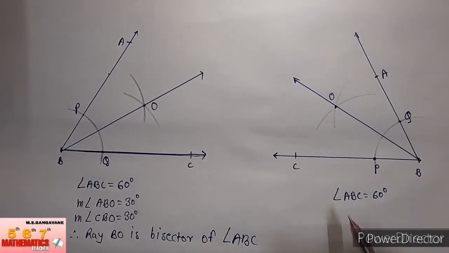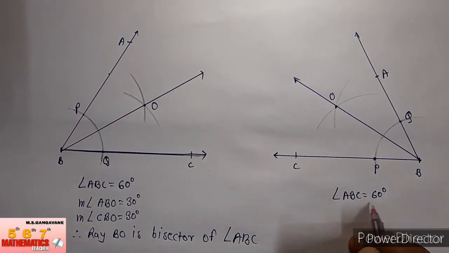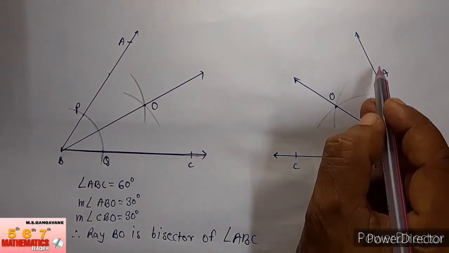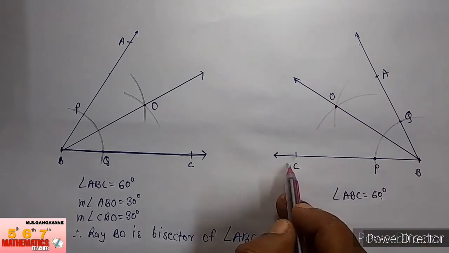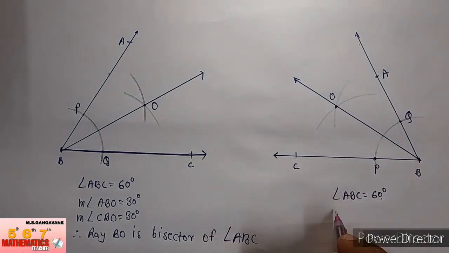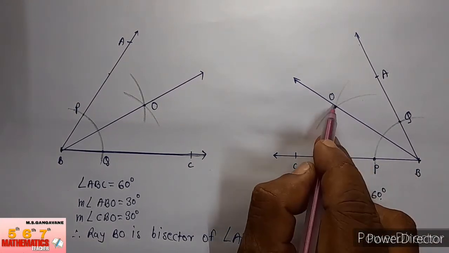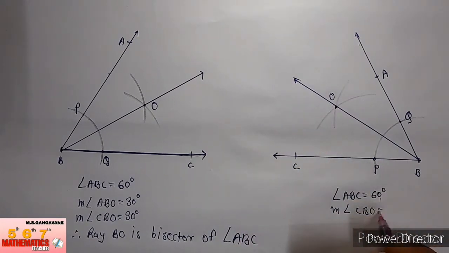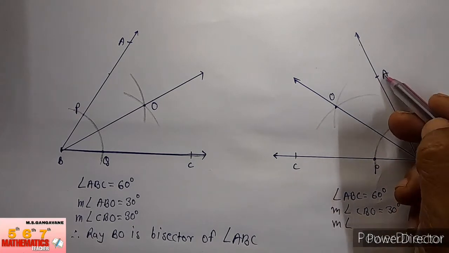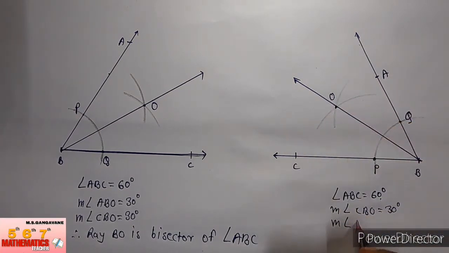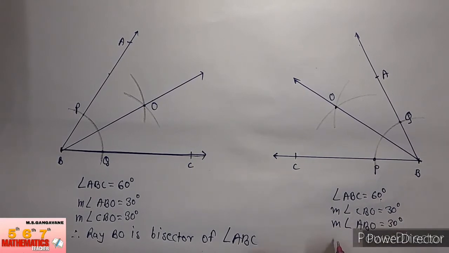Listen again here. Now measure angle ABC is equal to 60 degree. Okay. Now measure angle CBO. This angle is equal to 30 degree. Measure angle ABO is equal to 30 degree.